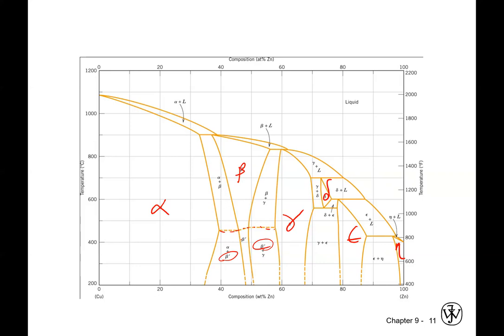And that was an ordered. Otherwise, we could have that same composition of 75% copper and 25% gold. And if it was completely random, then every location in that face-centered cubic lattice can be thought of as kind of a mixture of the copper and the gold and in those ratios in terms of a probability of what's there.